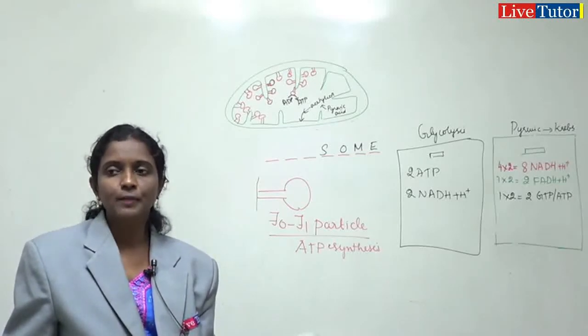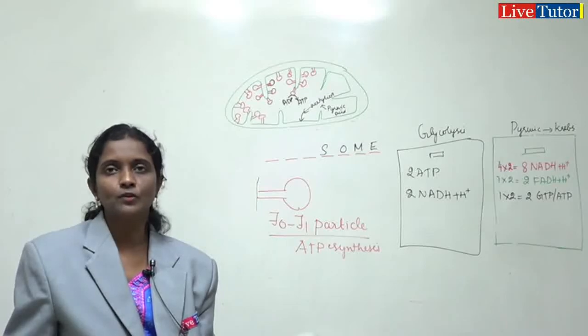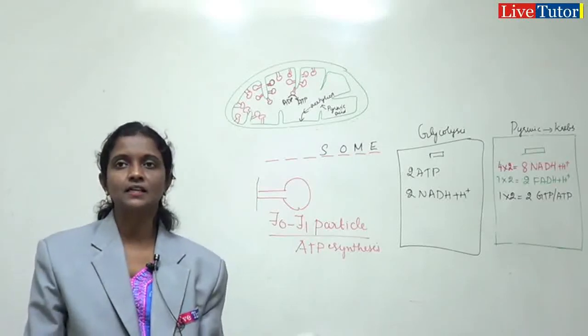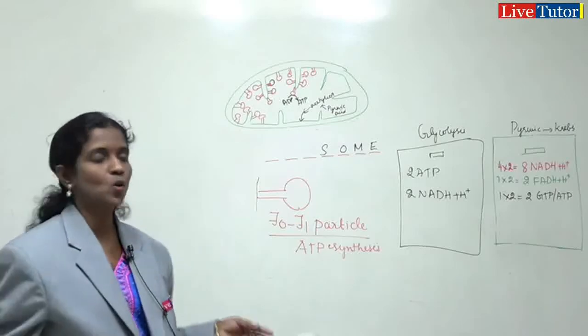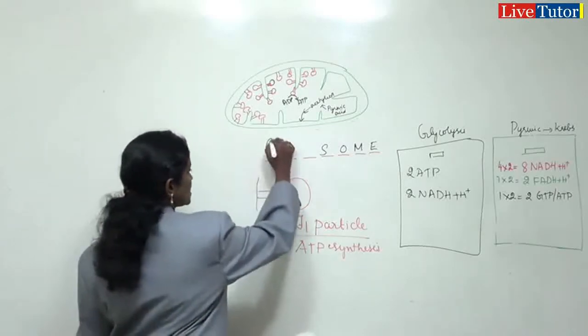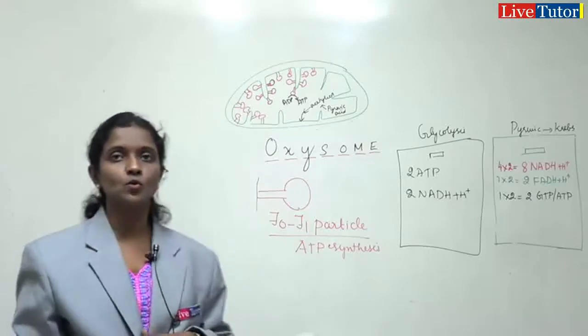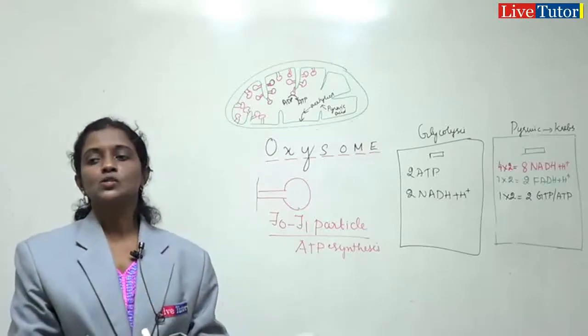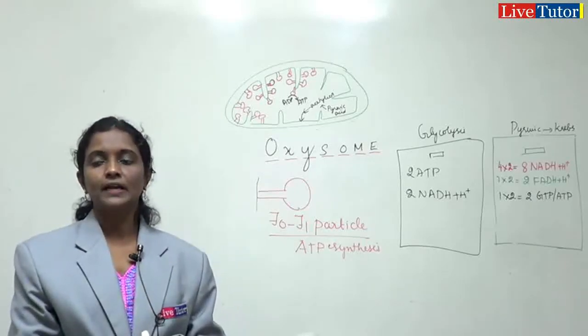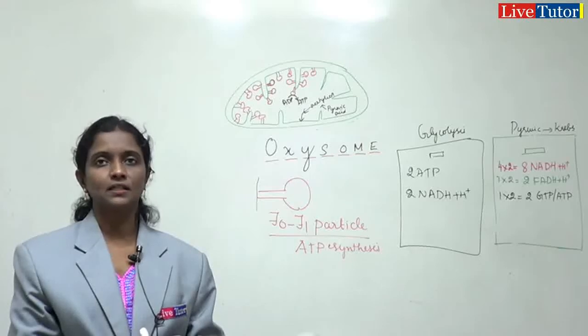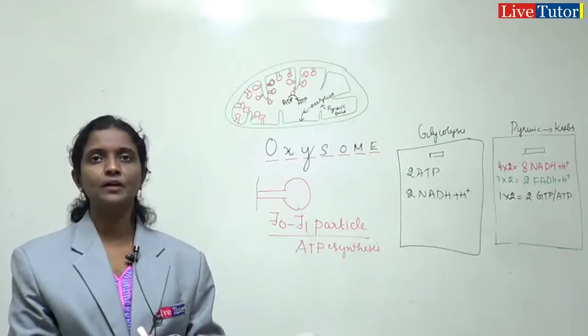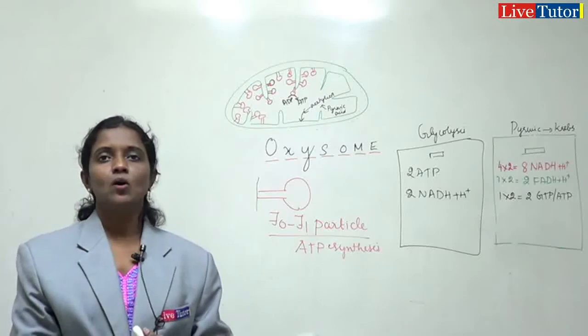The inner membrane of mitochondria is filled with F0, F1 particles, wherein, yes, fantastic answer. Oxysomes. Oxysome is the answer, Kamraj, very good. Another name for the F0, F1 particle present in the inner membrane of mitochondria is oxysome.